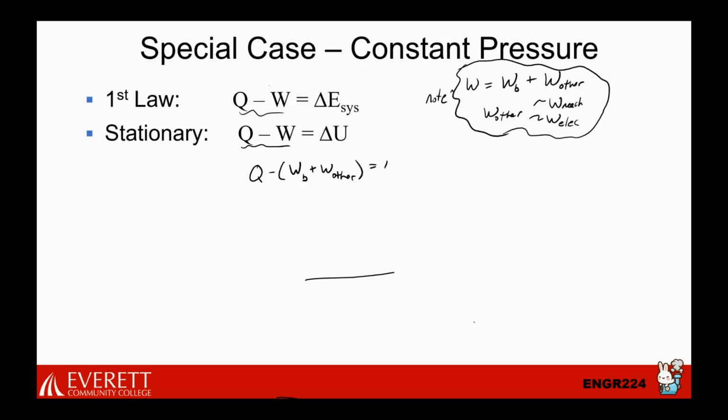And that's going to be my change in U, or internal energy. Put this term to the other side. So Q minus work other equal to delta U plus our work at the boundary.